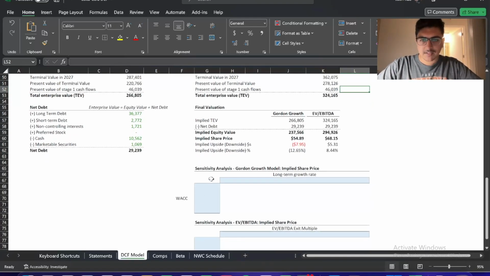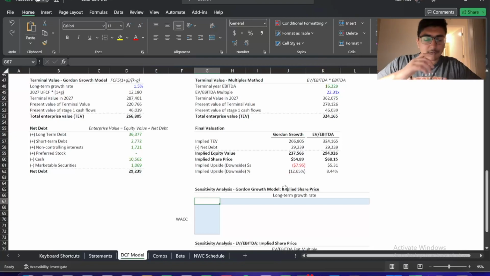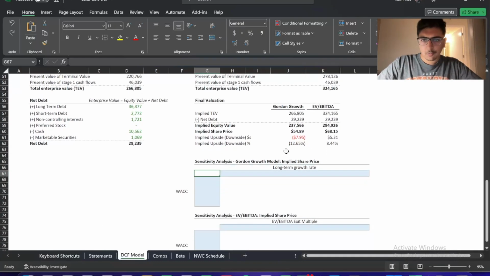So now we can actually do our sensitivity analysis, which is one of the most important parts of any discounted cash flow model. It asks what your final implied share price or implied upside downside is if you change some of these really important factors.